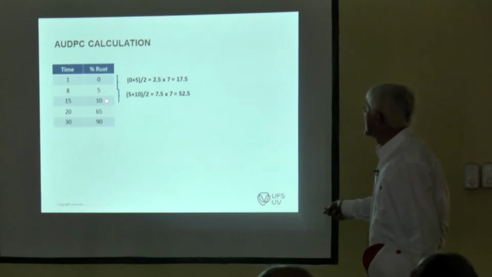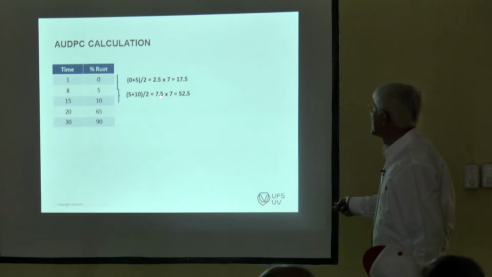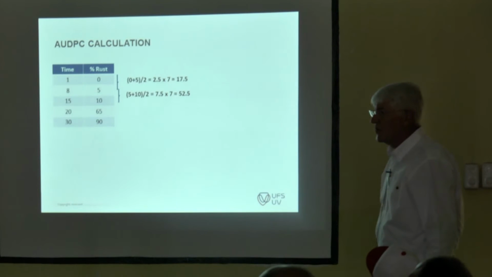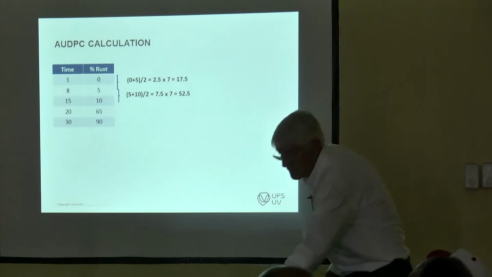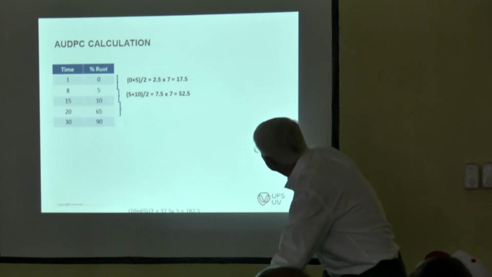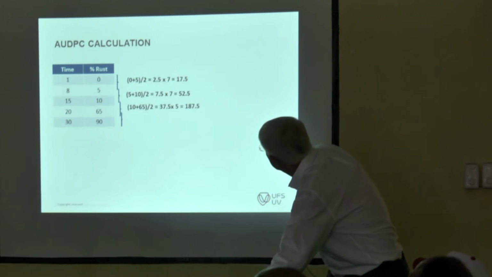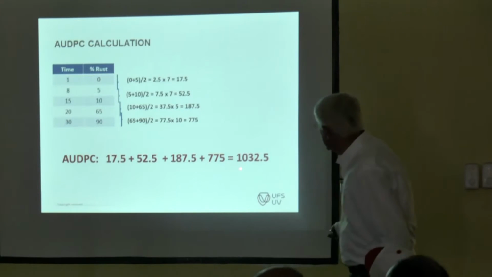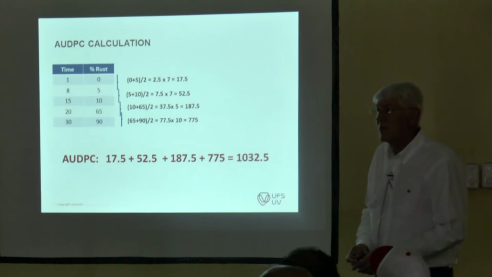It would be 5 plus 10 divided by 2. That's 7.5 times 7. Again, I have a 7-day difference. It's 52.5. And the same for that pair, and the same for that pair. Again, if you now add all those values, you get exactly the same, 1032.5.